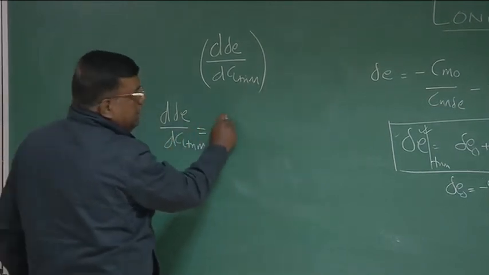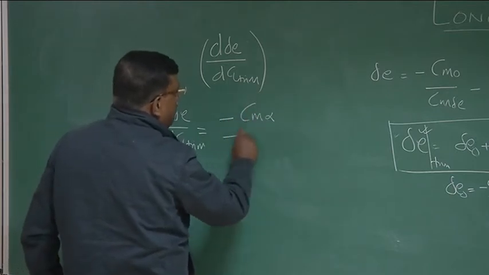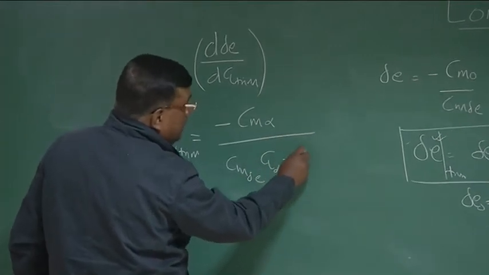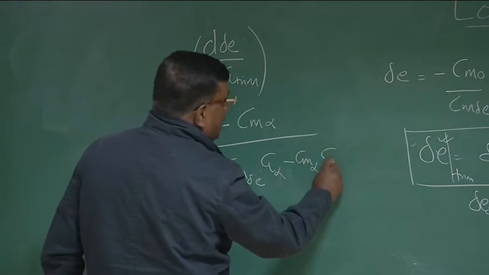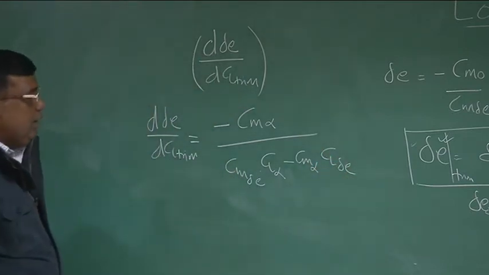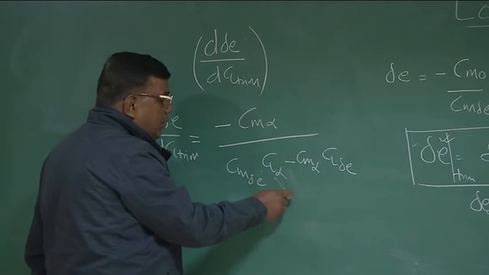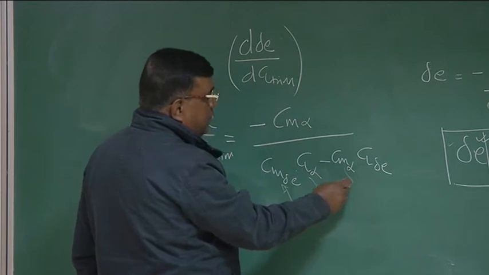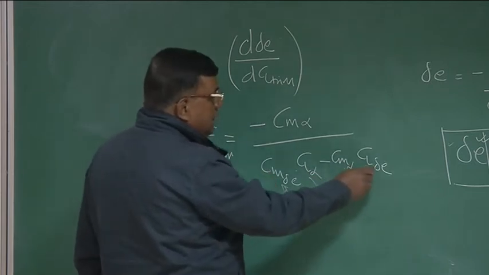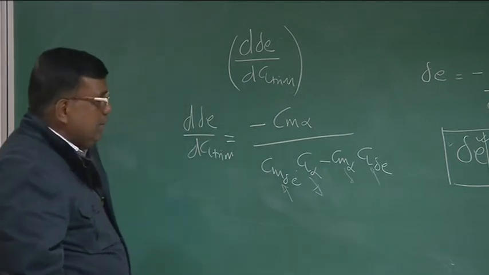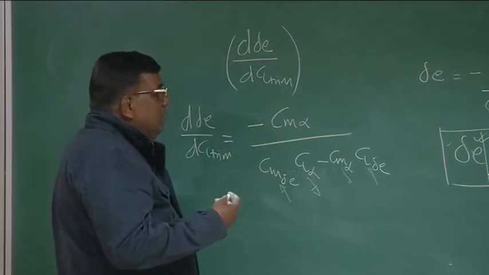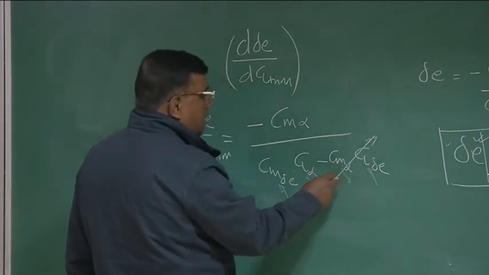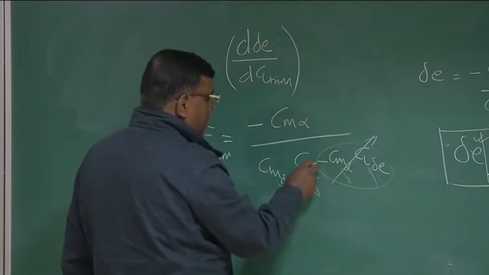This is given by minus Cm alpha by Cm delta E Cl alpha minus Cm alpha into Cl delta E. Typically, Cl alpha value will be around 5, between 5 and 6. Cm delta will be around 1. Cm alpha would be around -1. This is also -1. Cl delta is a little less, 0.5, 0.7. So I can do a simple approximation for this specific purpose. I say this term is less compared to the first term.